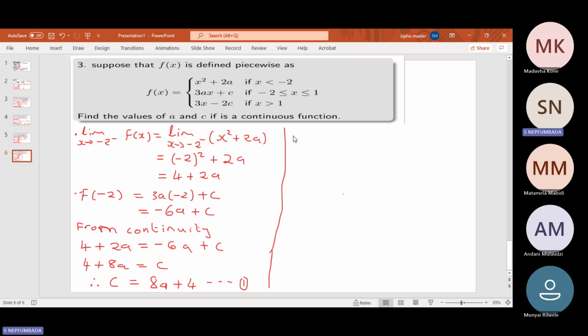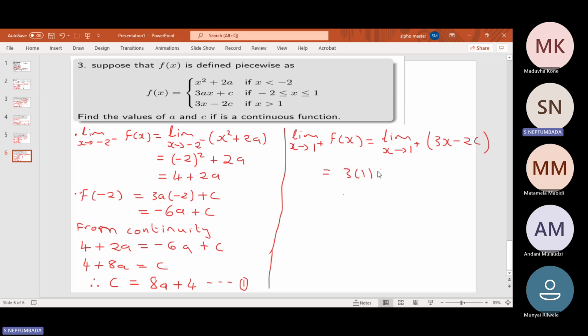The limit of x approaching 1 from the right of the function f at x is equals to the limit of x approaching 1 from the right of 3x minus 2c. Then this is equals to 3 into 1 minus 2c, which is 3 minus 2c. Are we fine?